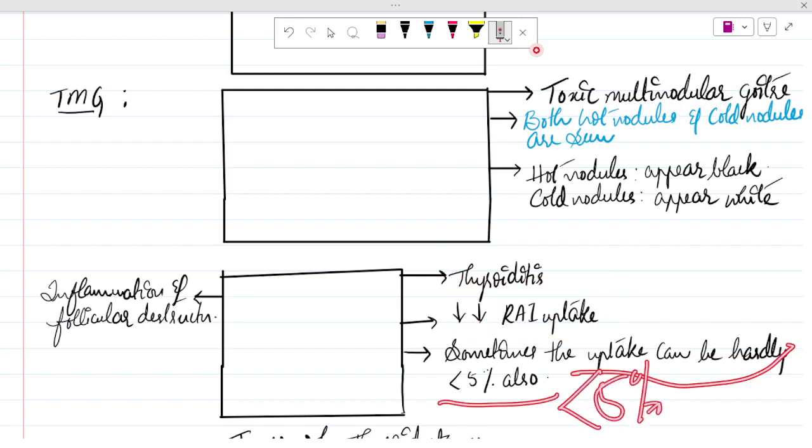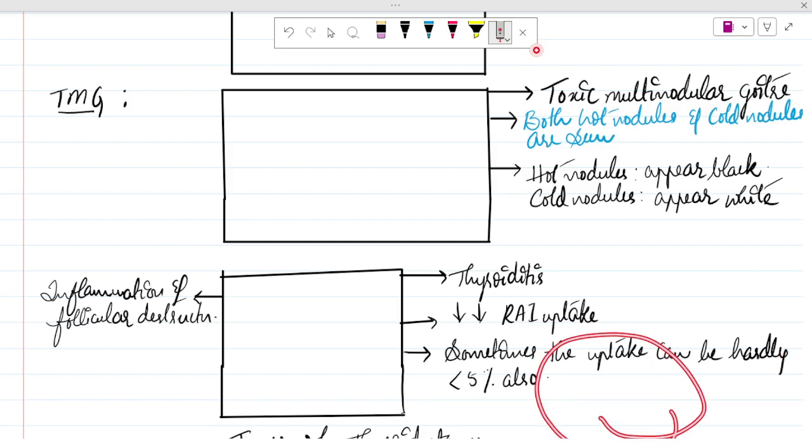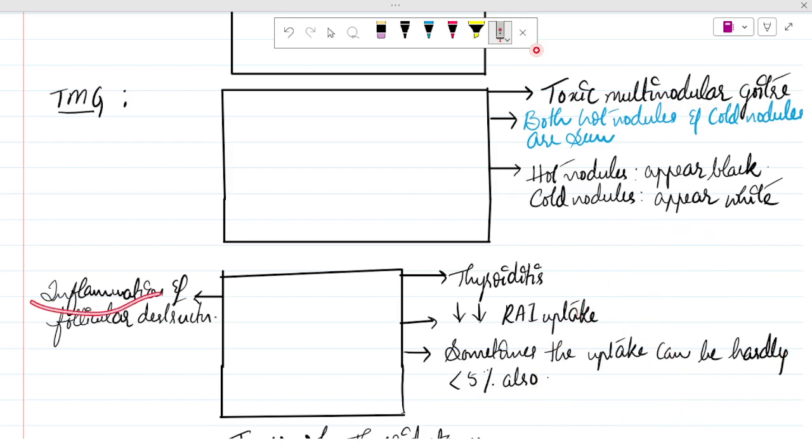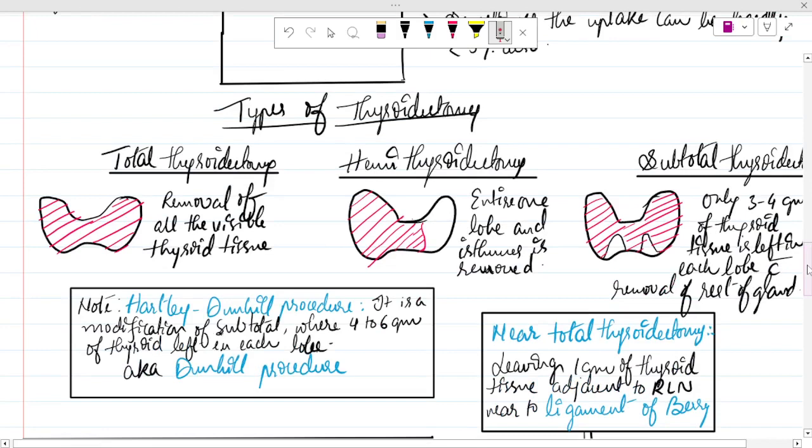That means that much destruction will occur. Even nearly 95% of the thyroid tissue may be destroyed due to this inflammation. So you can see an uptake of only less than 5% in some rare cases. That is the severity you might observe in thyroiditis.